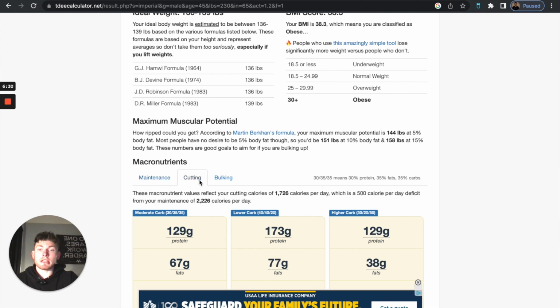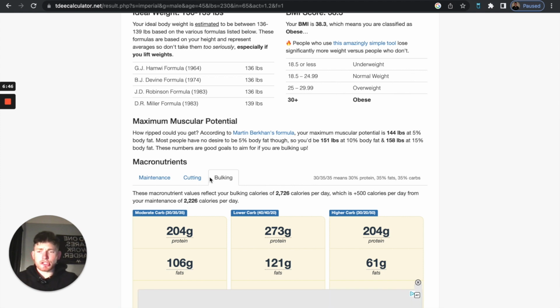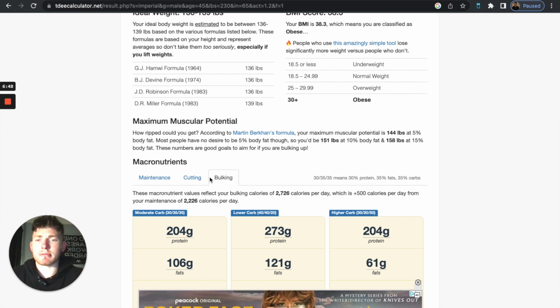And you don't need to go by their increments of 500 on the cutting and bulking. Especially on the bulking, you could increase it however you want. I just wouldn't increase it an excessive amount, whether bulking or cutting.